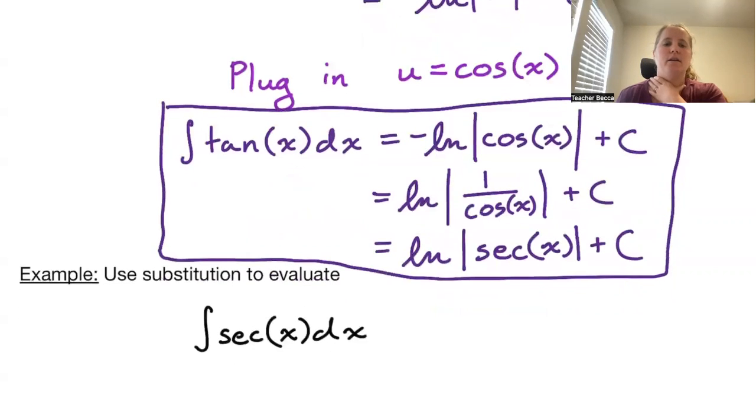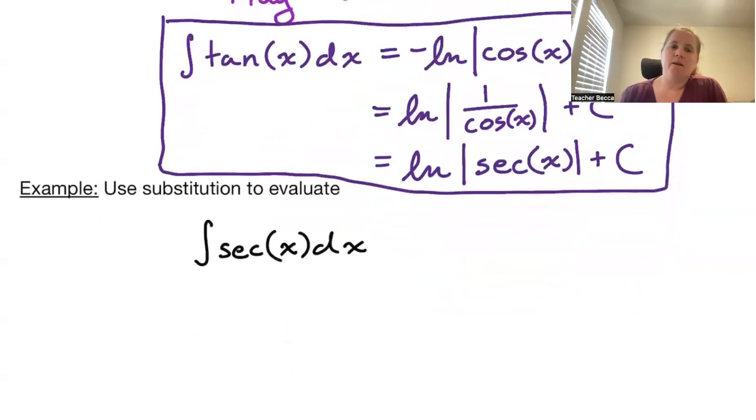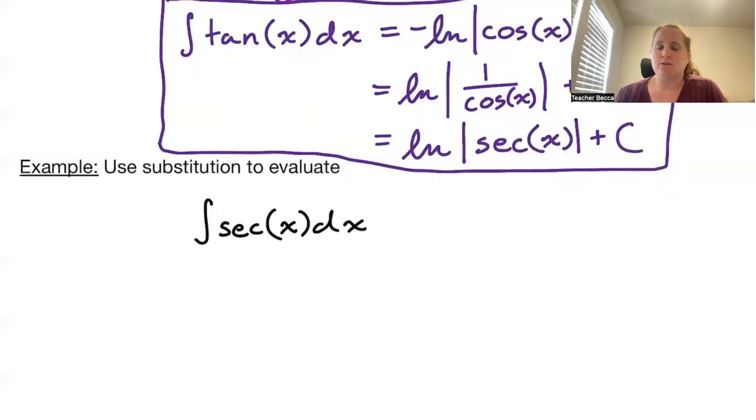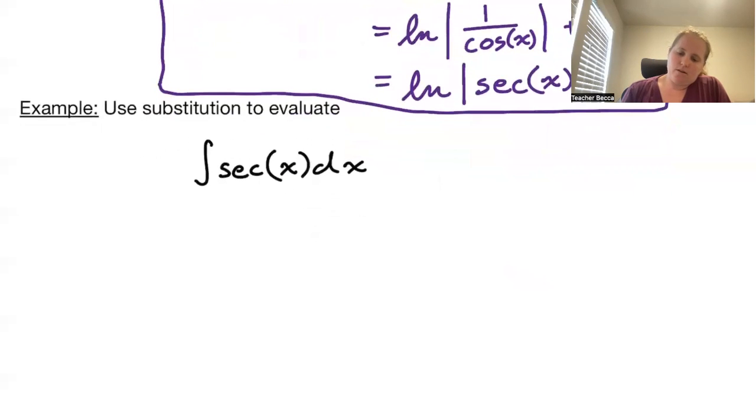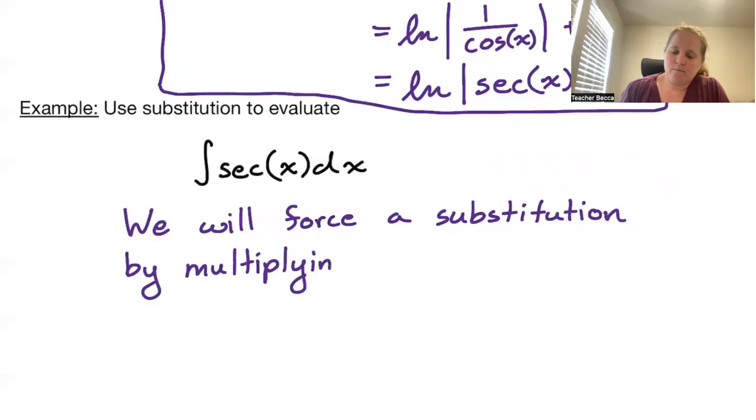Next up, let's go ahead and use substitution to evaluate the integral of secant of x dx. So secant of x is just 1 over cosine, but that does not lend itself directly to u substitution. So we are going to force a very odd u substitution. We will force a substitution by multiplying by a version of 1.